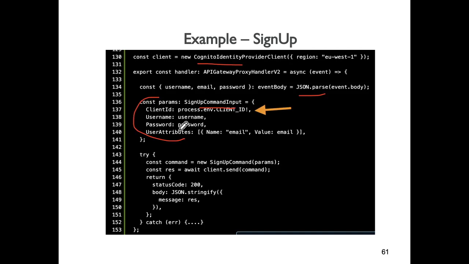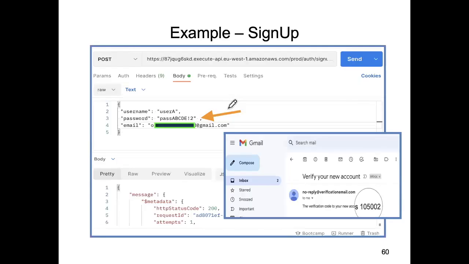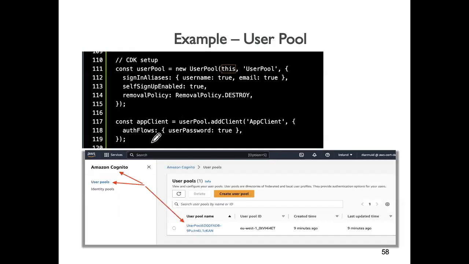In my user pool, the only additional attribute was email, but you could have many others. So here I'm just telling it what the additional attributes are, email, and giving it the actual value of the email. This here is essentially the client that I had to create for my user pool. So this here is essentially a reference to this here.